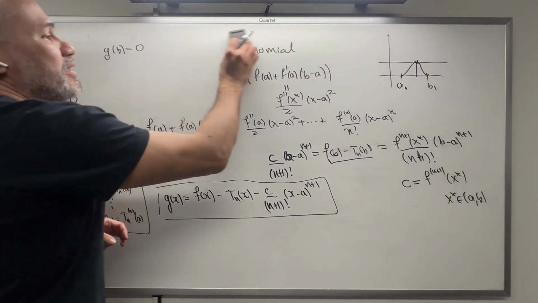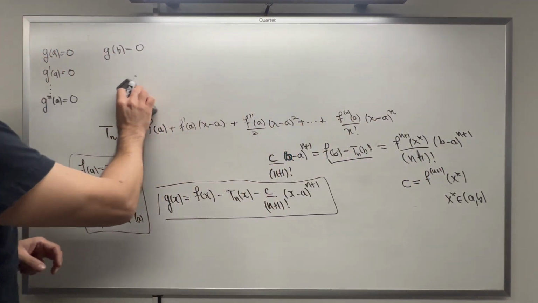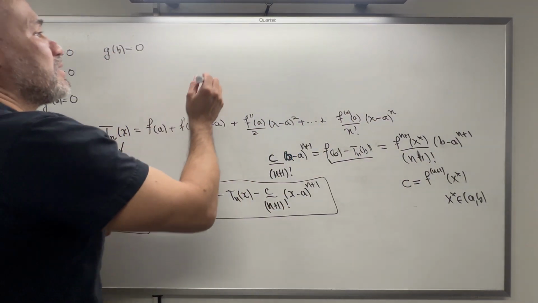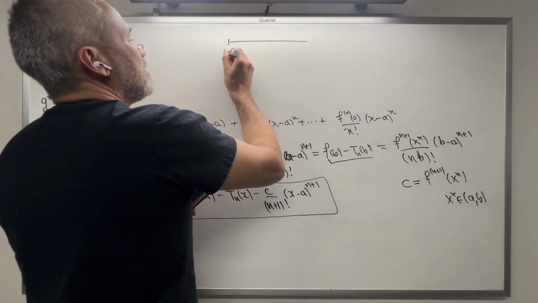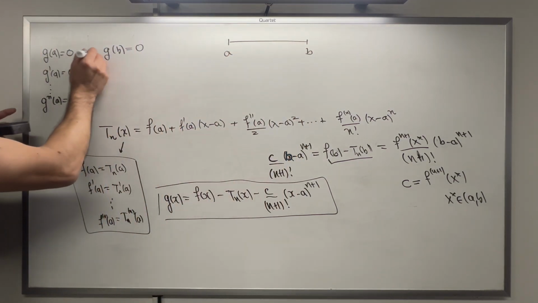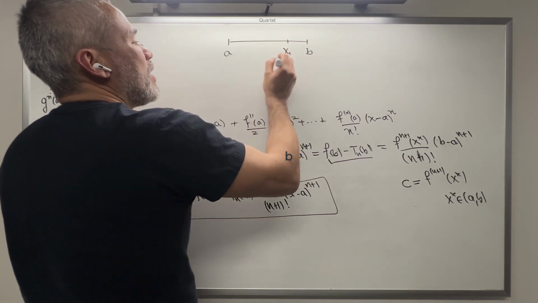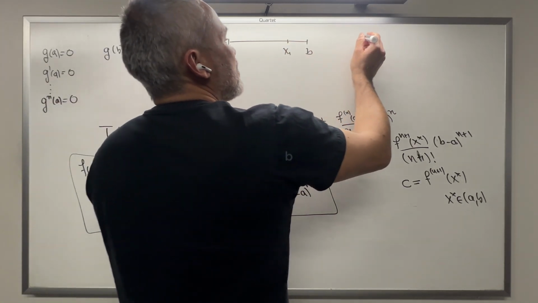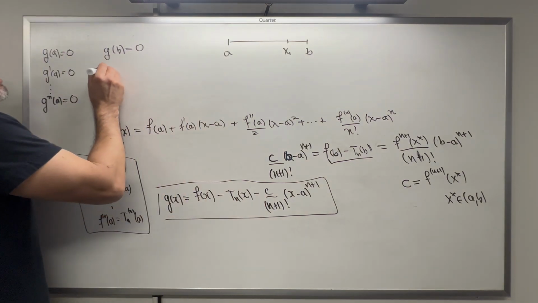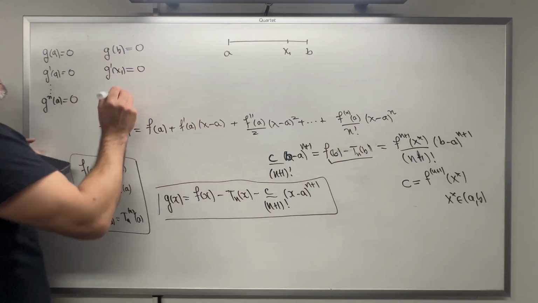And now we are ready to just do the same argument. Here is a, here is b, and since this property holds true, then at some point x1 between these two, we know that g prime of x1 must be equal to 0.